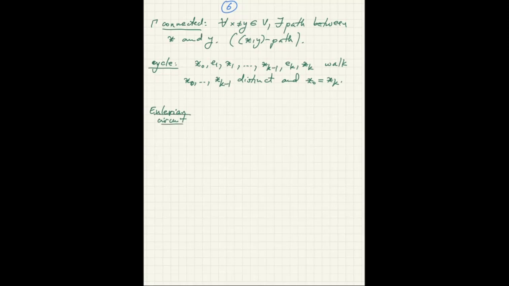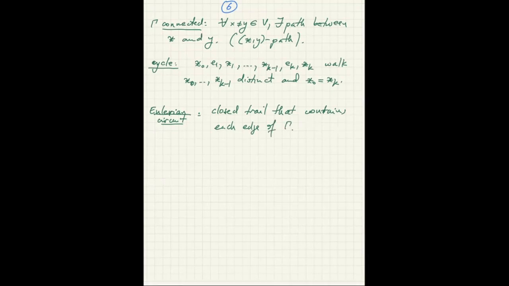So a Eulerian circuit is a closed trail that contains each edge of the graph exactly once.